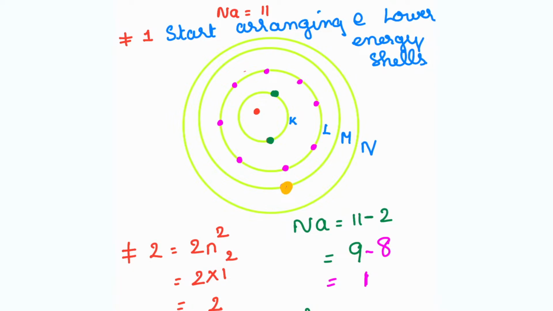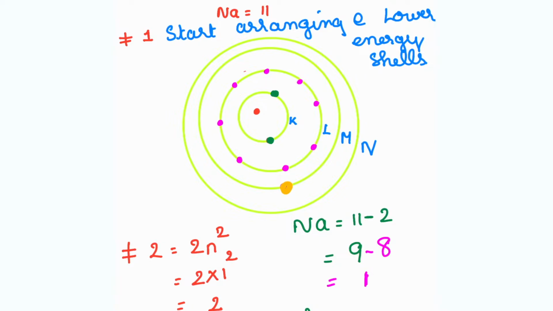The first rule states that the electrons must be arranged from the lower energy shells. So I've started arranging the electrons from K. The second rule states that to identify how many electrons you are going to place in each shell, we have to follow 2n squared. So based on that, I know that always the first shell will have 2 electrons.